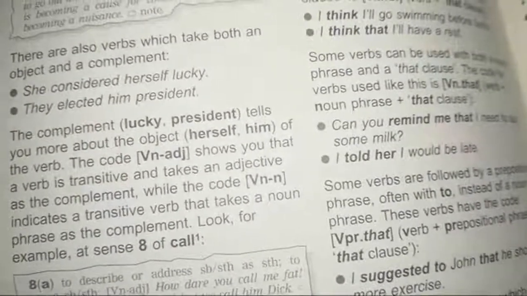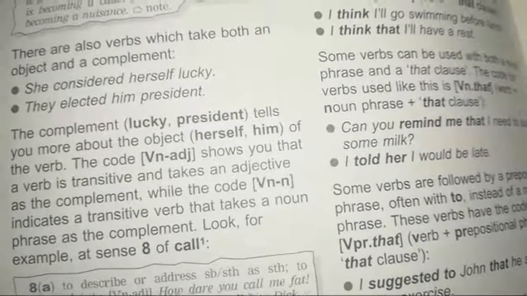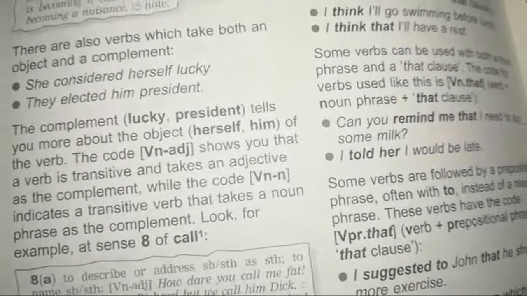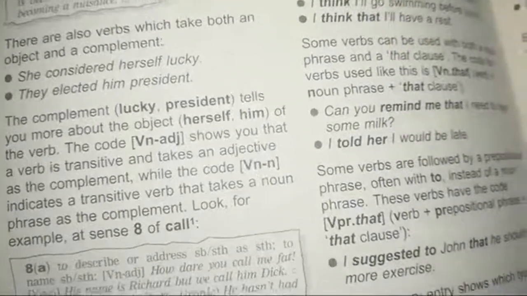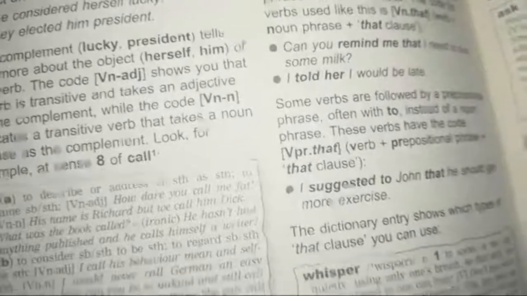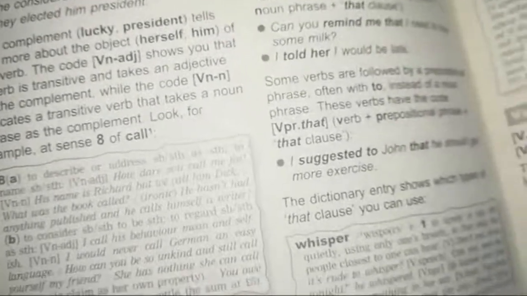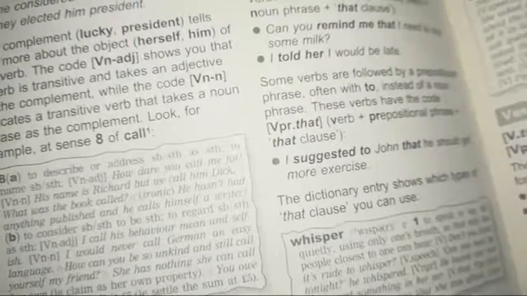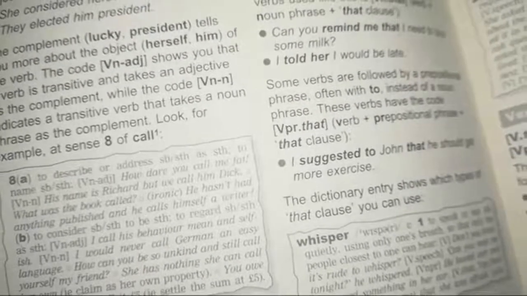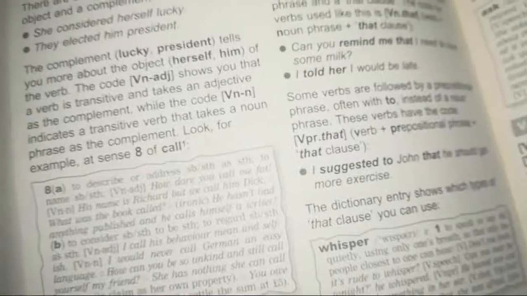The code VN ADJ shows you that a verb is transitive and takes an adjective as the complement, while the code VNN indicates a transitive verb that takes a noun phrase as the complement. Look, for example, at sentence 8 of the entry.